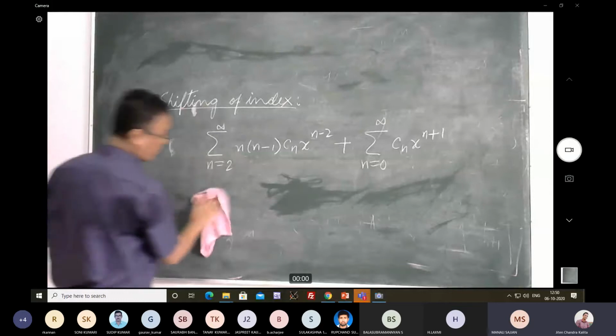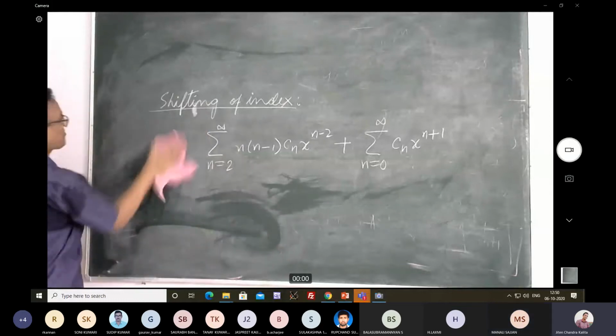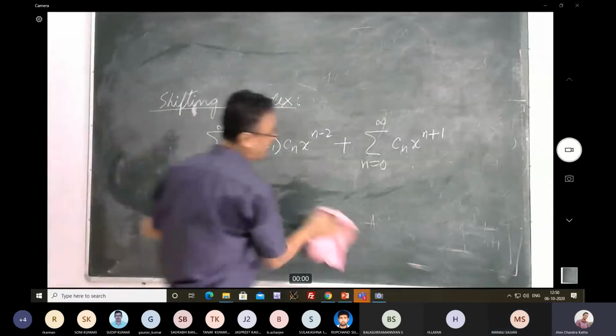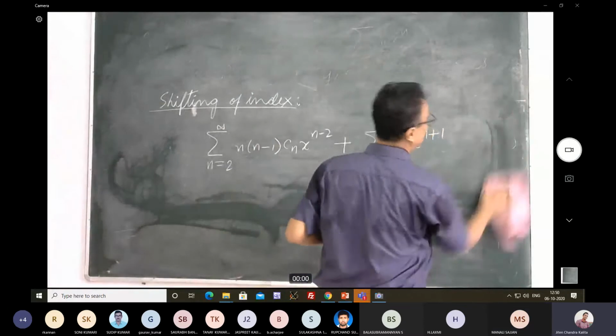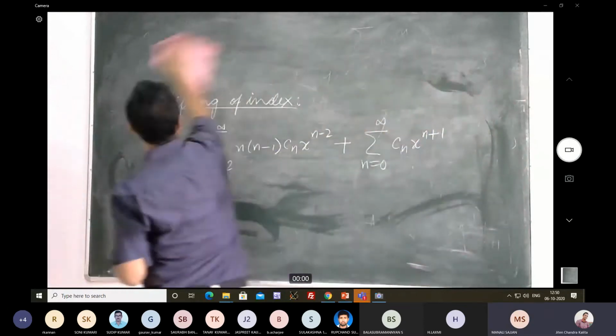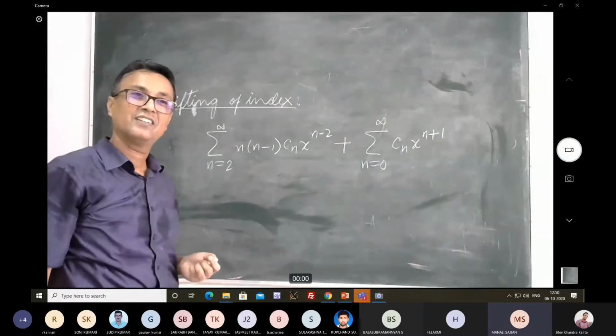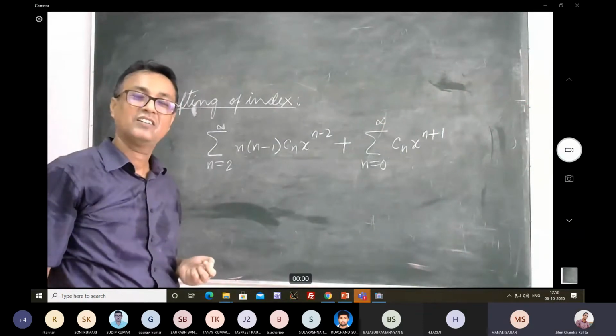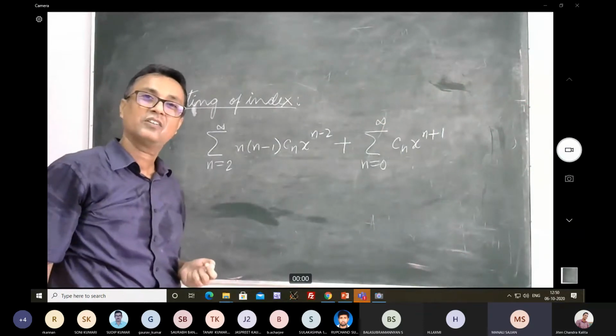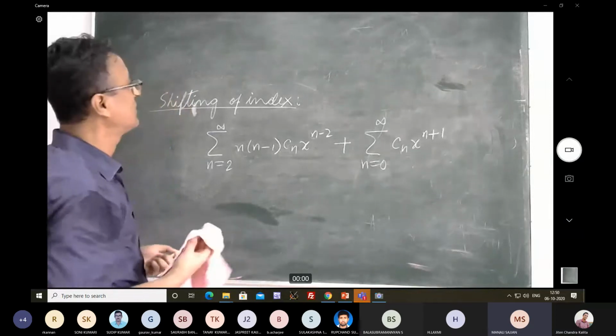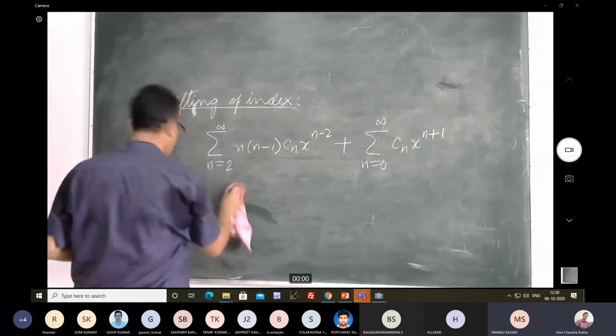But why is that so? We want to have the same power. If we want to add, the power should be the same, and correspondingly we should change the index. Okay, fine. That is fine.